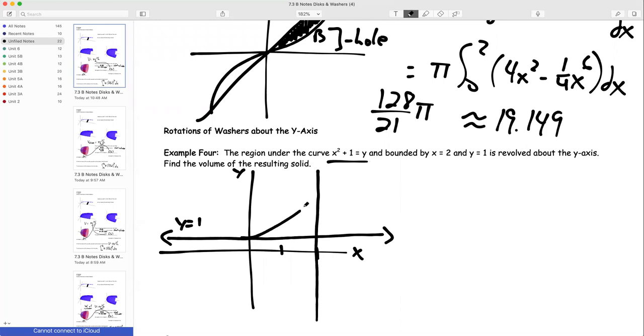So it's going to start right there and then be a parabola. So we are talking about this region right here that is enclosed by those curves. And I also need my intersection point. And I could get that by taking the 2 and plugging it in. So I know that this is 2, 5.